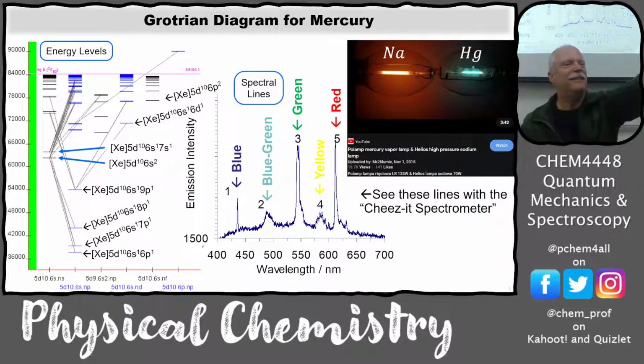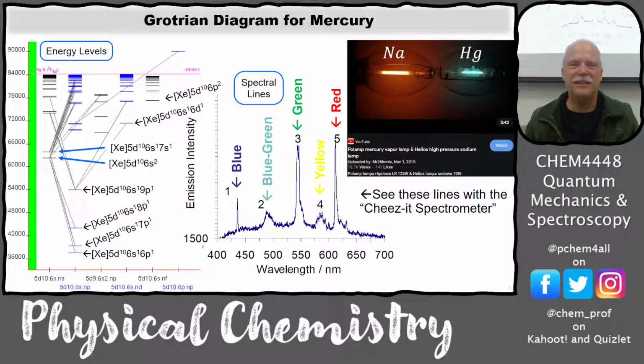So you have to aim that corner at the light and look through there. Just move it up and down until you see the lines. Yeah, so that's my Cheez-It spectrometer. You see all 5 of them.